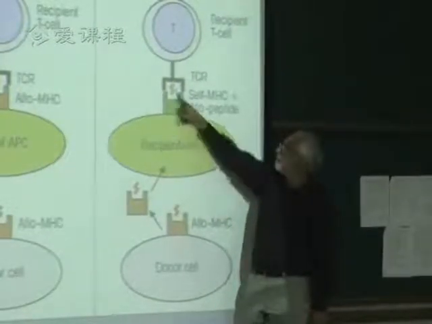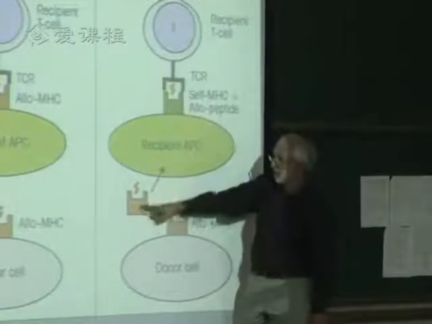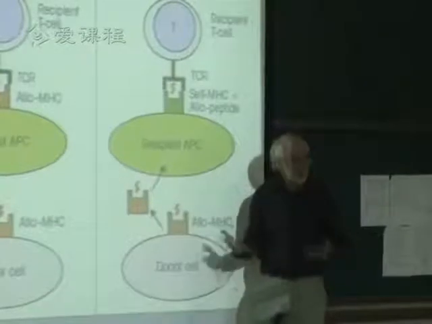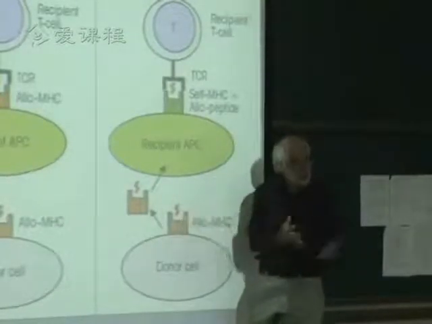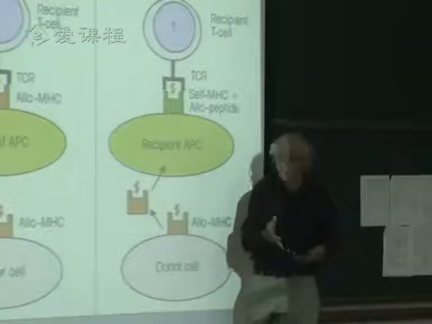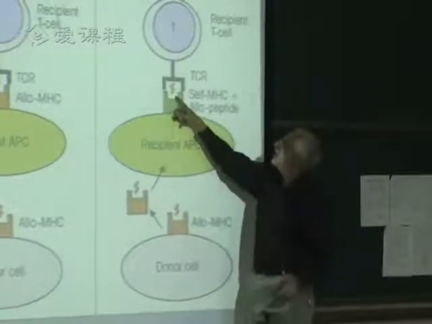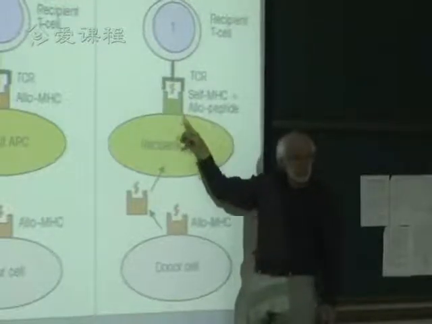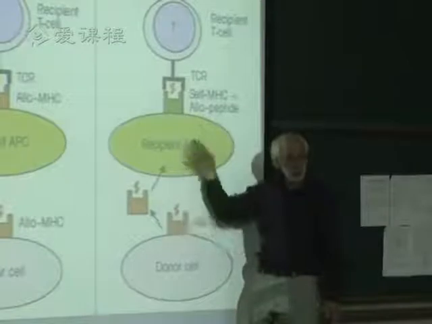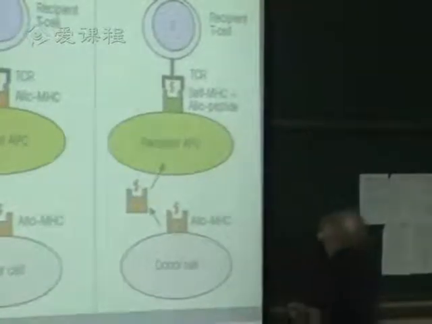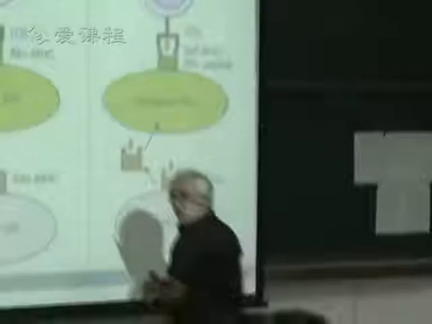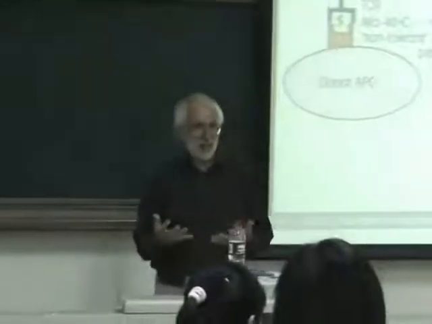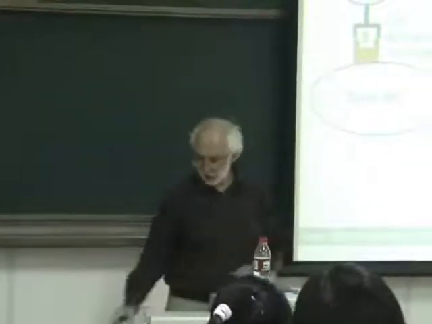But it's presenting a peptide, a brown peptide here, that is derived by chopping off the MHC. And because the MHC is different in the donor from the recipient, the peptide would be different. It wouldn't have seen that peptide before. So it's using its own MHC. So it's self-MHC, but it's presenting allopeptide. Peptide is allogeneic because it's derived from a different MHC molecule to the one of the recipient. So those are three different ways in which T cells can be stimulated to recognise antigens derived from the foreign graft.